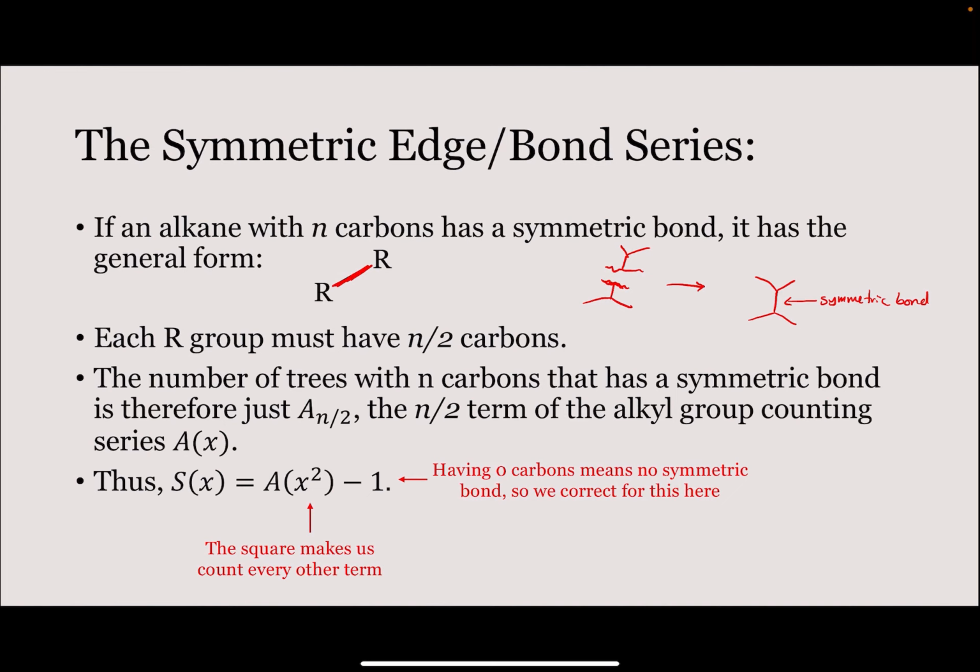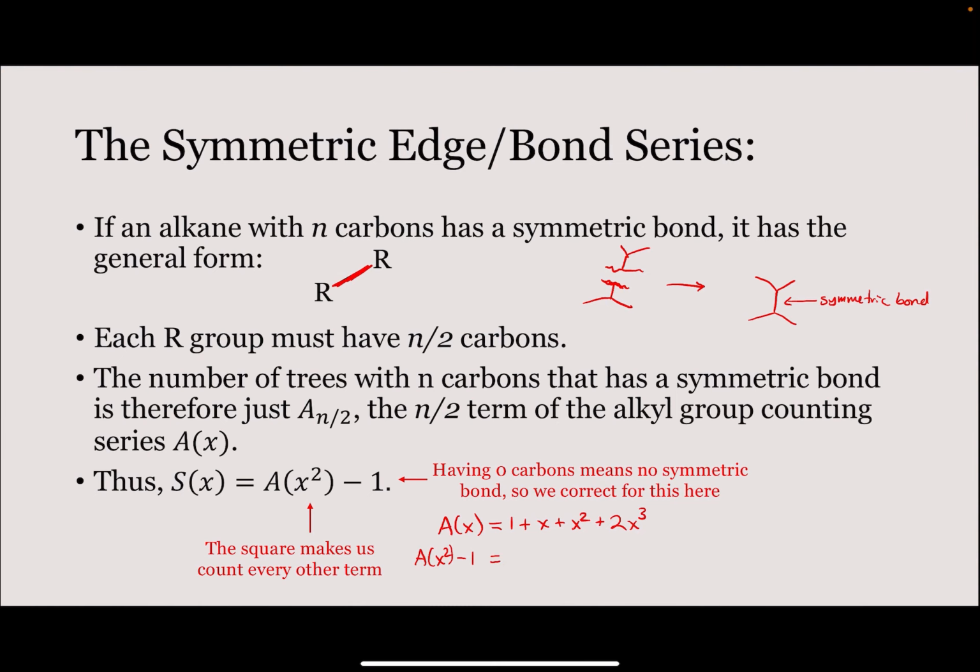But what this x squared term allows us to do is shift over our generating function. Just to illustrate that, let's say we have A(x), and remember this was 1 plus x plus x squared plus 2x cubed. So A(x²) minus 1 is going to square every single power of x in our terms.